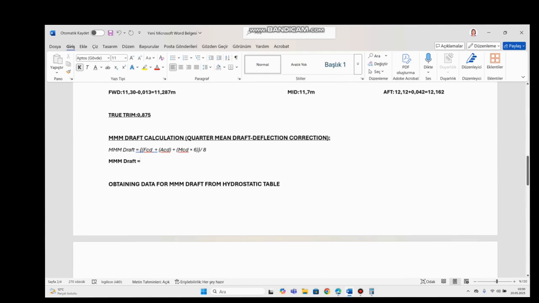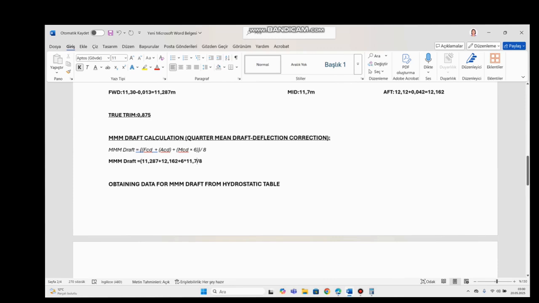Let's calculate. 11.287 plus 12.162 plus 6 times 11.7 divide 8. This is the formula of mean.